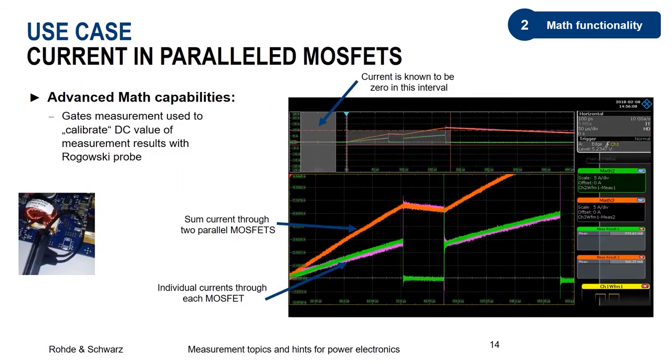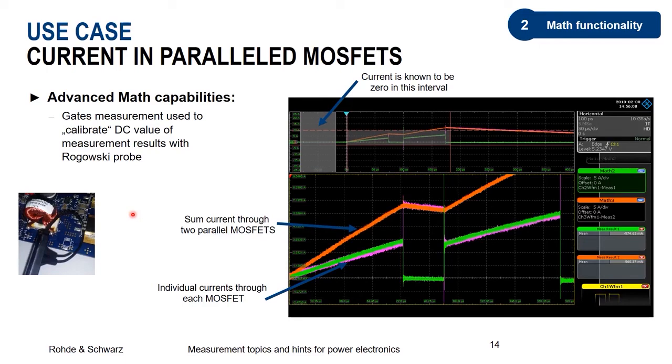Another example is looking at currents in parallel to MOSFETs. One of the difficulties you often have is that you cannot really access the current with a standard current probe. So you have to go to Rogowski probes, which you can see on the right side. In that case, a probe from PM UK.